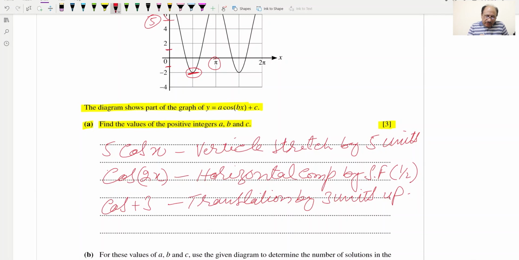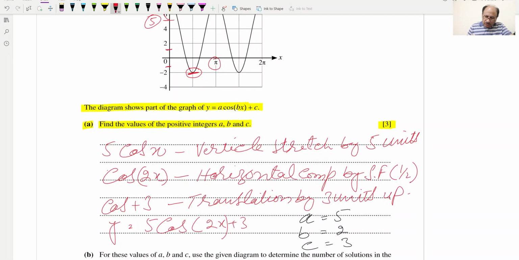So the final equation will be what? The final equation will be y is equal to 5 cos 2x plus 3. The A value is 5, the B value is 2, and the C value is 3. Note this bracket should be over here.